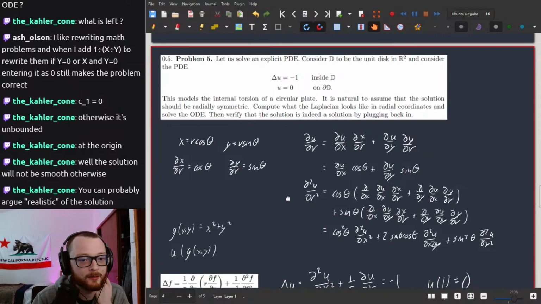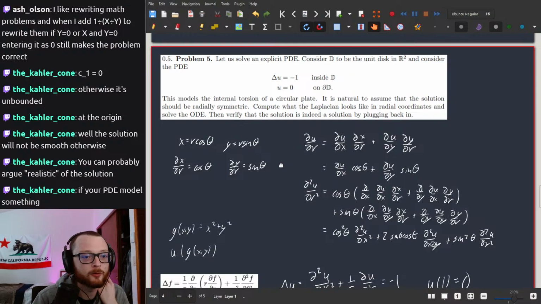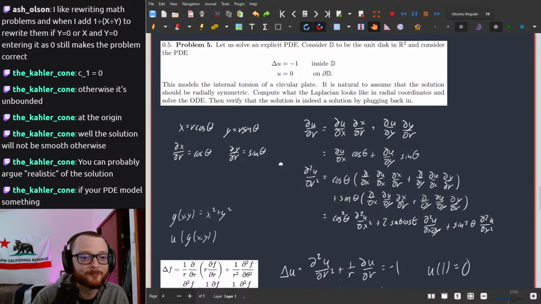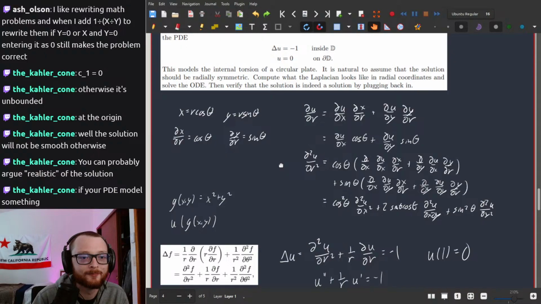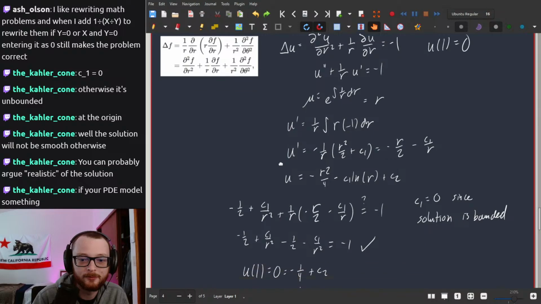That's true. This is a physical problem: the internal torsion of a circular plate, whatever that is. So it definitely shouldn't be infinity at 0 or negative infinity. I assume, I don't know what E would be. I guess use torsion. I don't know what torsion is though.